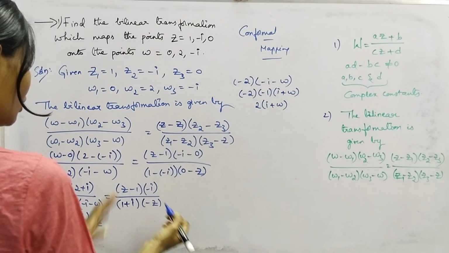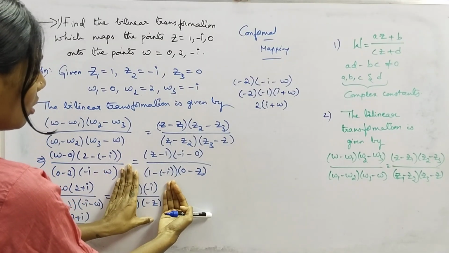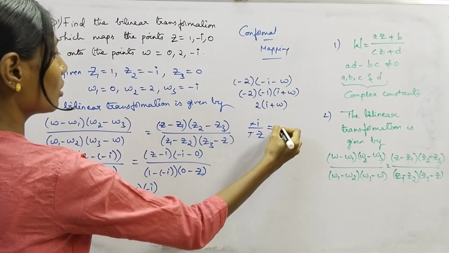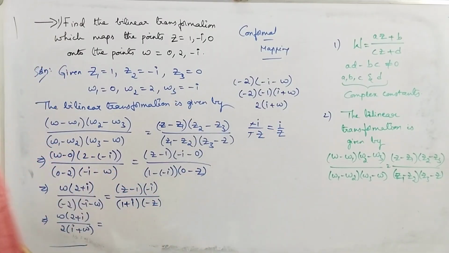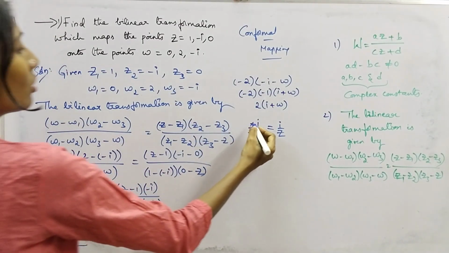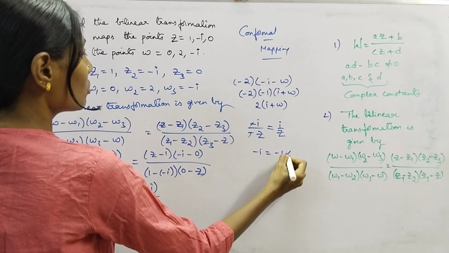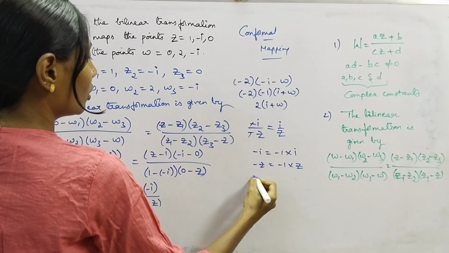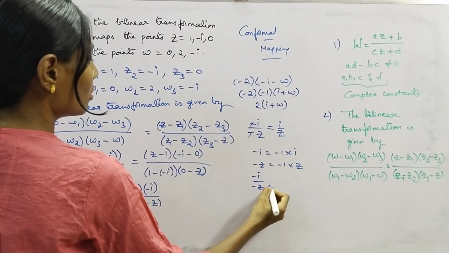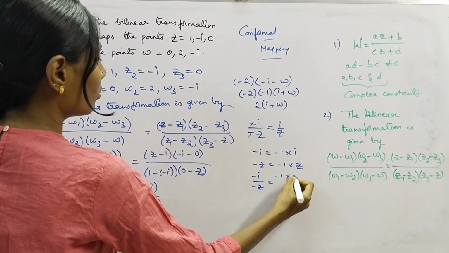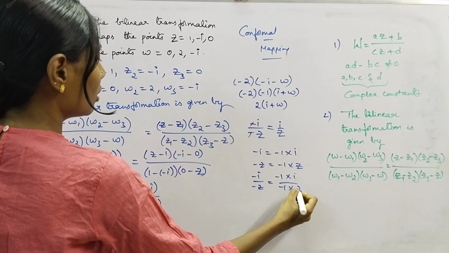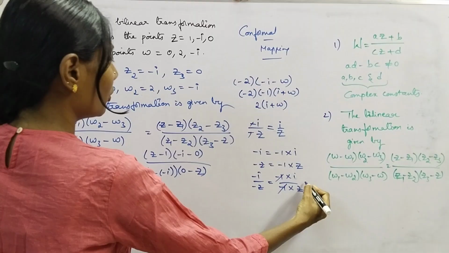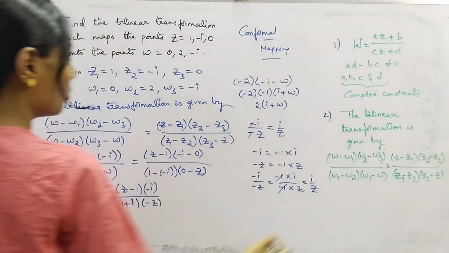And here, consider this part, minus i by minus z. Cancel this minus, you'll get i by z. Or you can treat minus i as minus 1 into i and minus z as minus 1 into z, and then minus i by minus z can be treated like this, where you can cancel minus 1 from the numerator and denominator, and you'll get i by z.